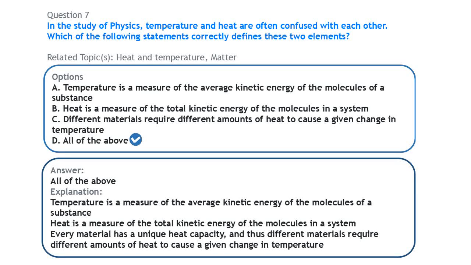We may find out that the temperature change in one of them might even be a multiple of the temperature change in the other, because the amount of heat that it takes to get a unit change in temperature in different quantities varies. So basically, different materials require different amounts of heat to cause a given change in temperature.